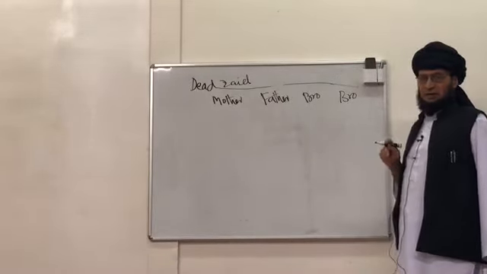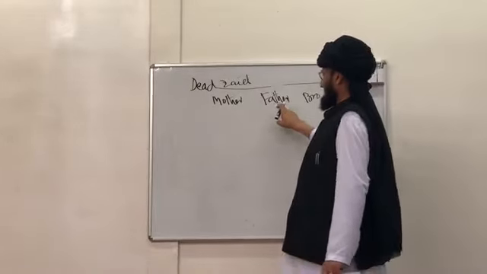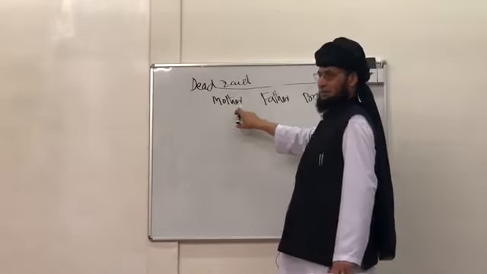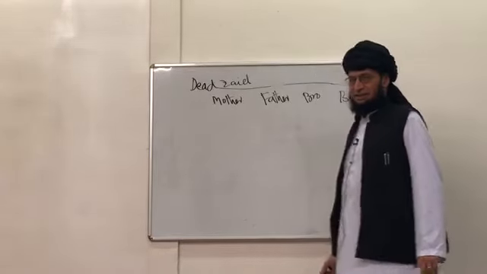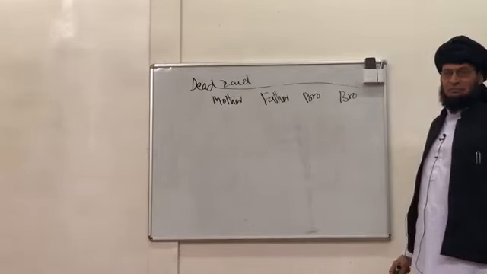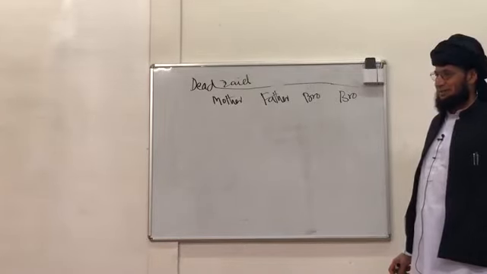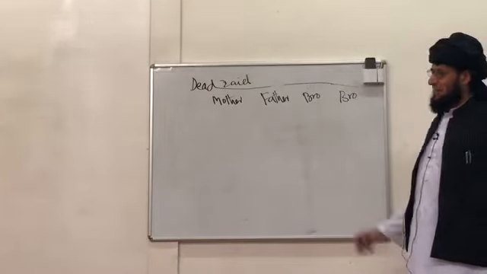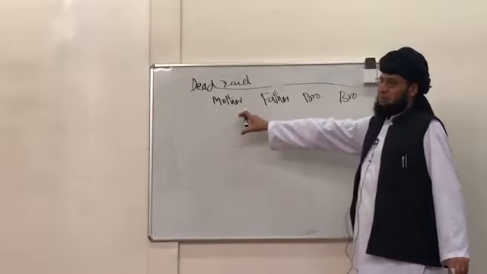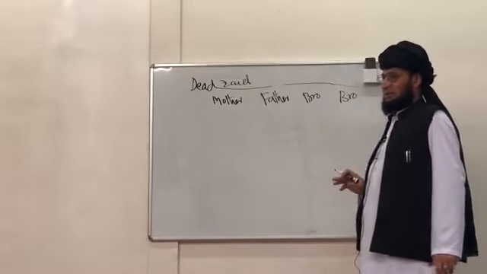Got it? So here in this case, we mentioned that when the deceased has more than one brother, the mother's share will not be 1/3, it will be 1/6. They brought the mother down from 1/3 to 1/6, but they themselves are not taking anything.